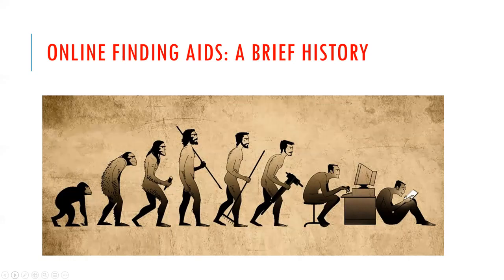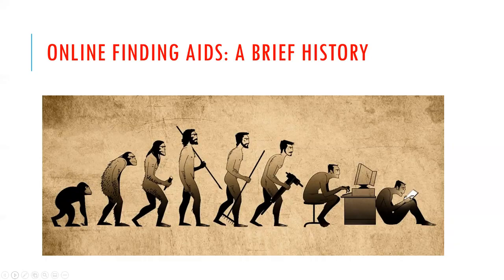As Walton discusses on page 31, online finding aids have shifted from something very static, that existed only in physical form and had to be accessed from the archive, to an interface that is online and widely available to researchers.